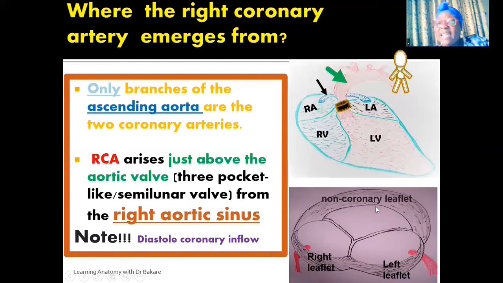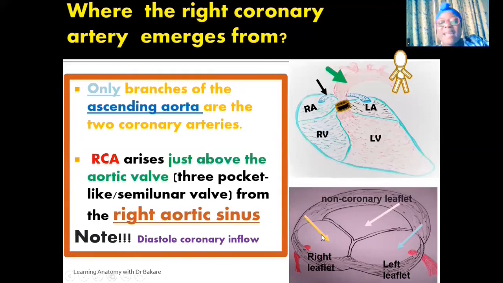Because it's pocket-like, there's going to be a space within it, and that is what is referred to as the sinuses. So we have the right aortic sinus, the left aortic sinus, and the non-coronary aortic sinus. These sinuses are just spaces that are created within the aortic valve. So within this pocket-like configuration, we have the sinuses, and this is what we've established here.